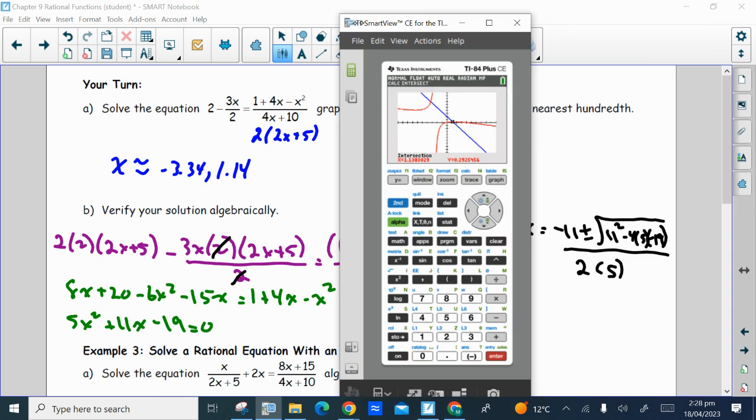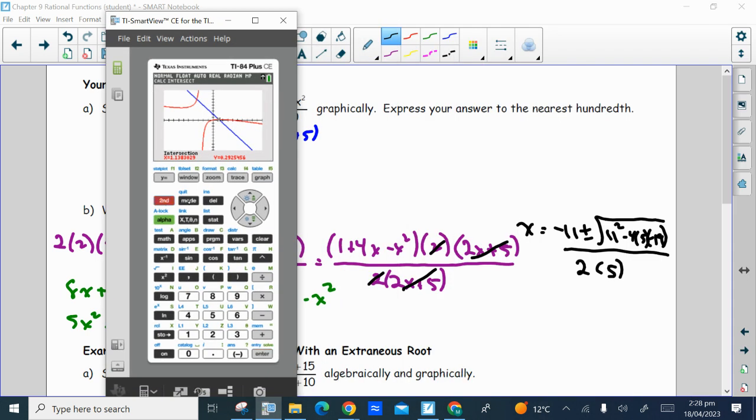So we'll use the calculator again to get the value of the discriminant. 11 squared minus 4 times 5 times negative 19 gives us 501.